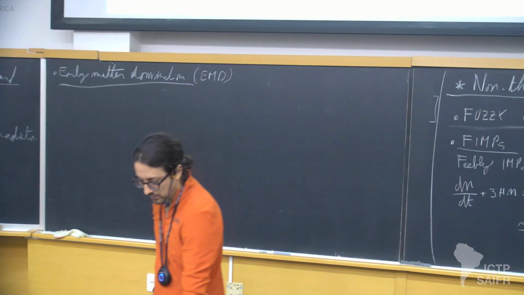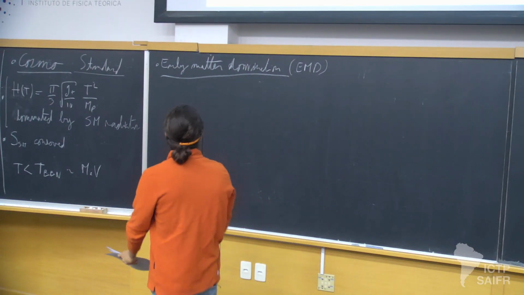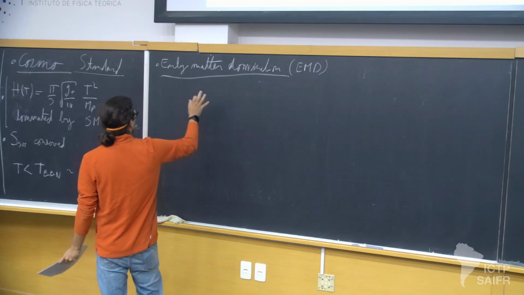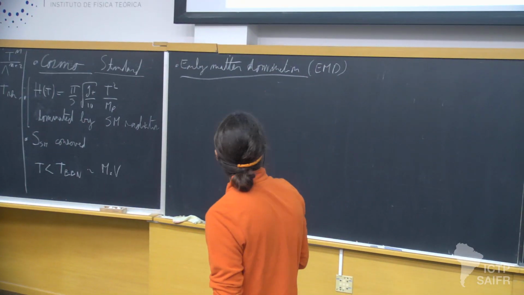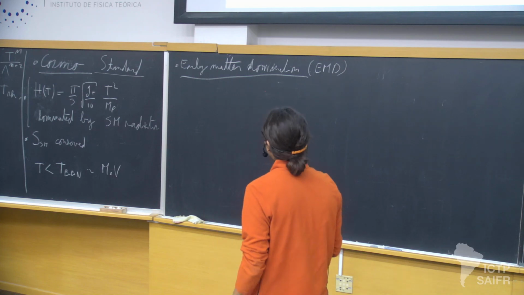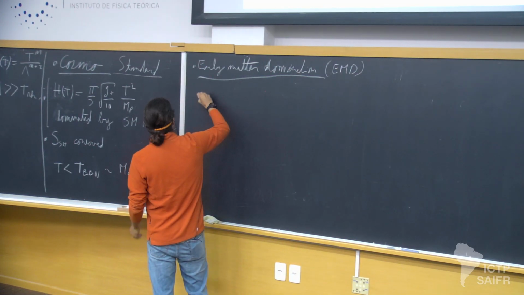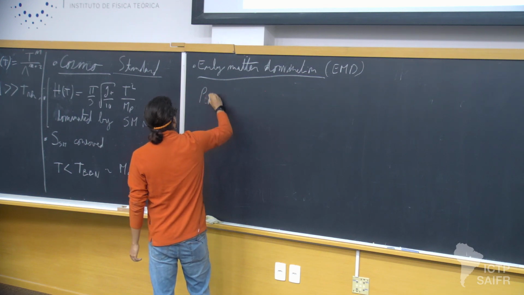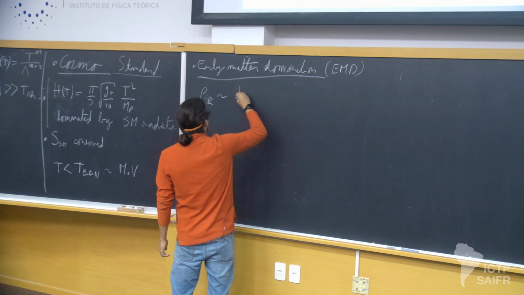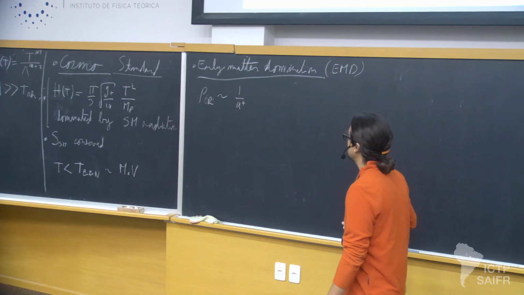So we can imagine that the early universe was eventually dominated by a non-standard model particle, non-relativistic, so with an energy density that scales like matter. Remember, the standard model radiation, which I call R, goes like 1 over the scale factor to the power 4, a being the scale factor of the universe.